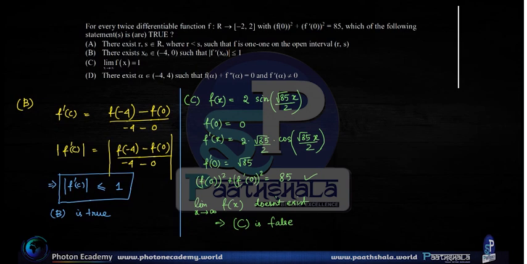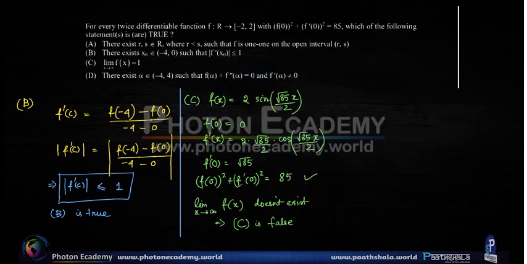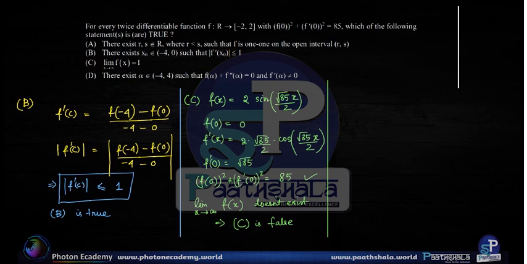Now we have the fourth option, which is: there exists alpha from -4 to 4 such that f of alpha plus f double dash alpha is equal to 0 and f dash alpha is not equal to 0. For that, we take a function h of x.